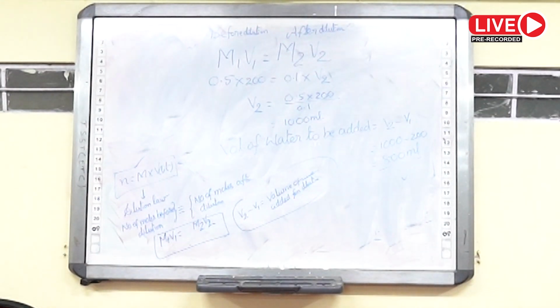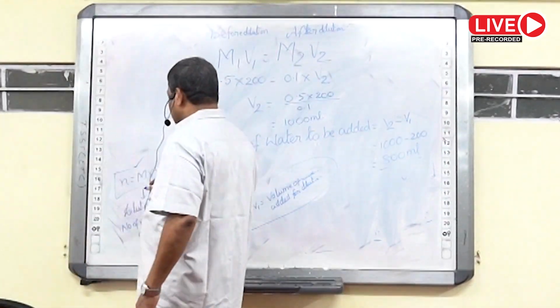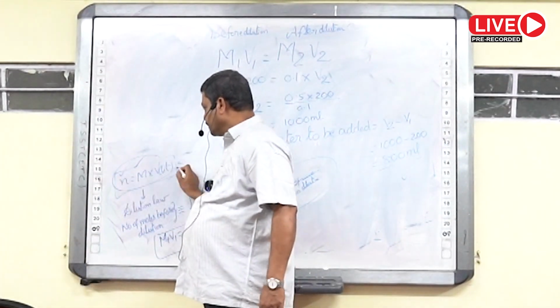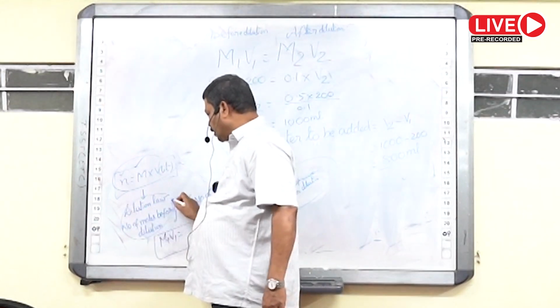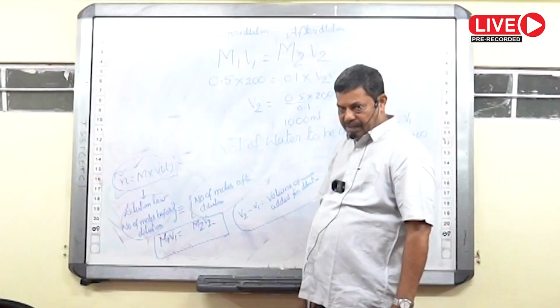Any doubt in this? Because molarity into volume gives number of moles. So number of moles before dilution is equal to number of moles after dilution.